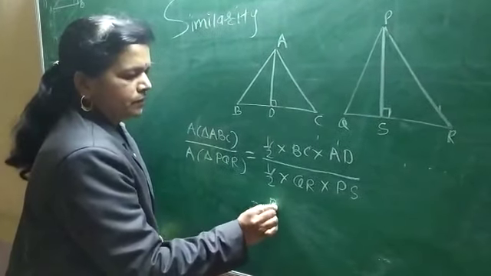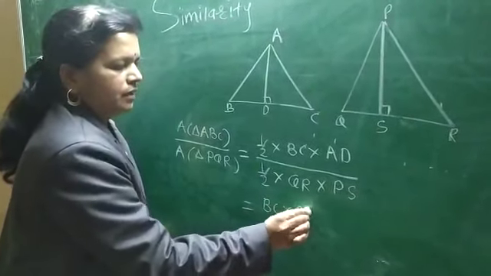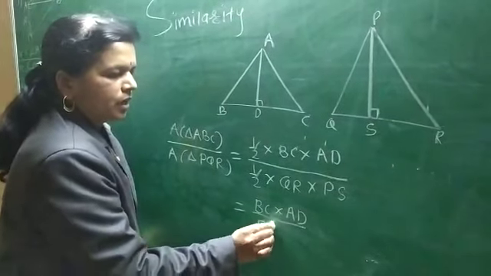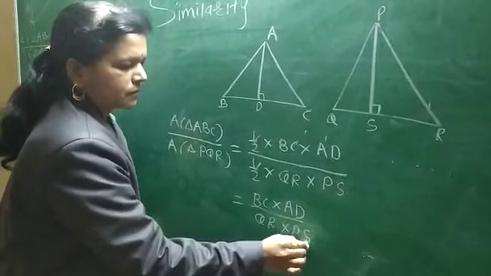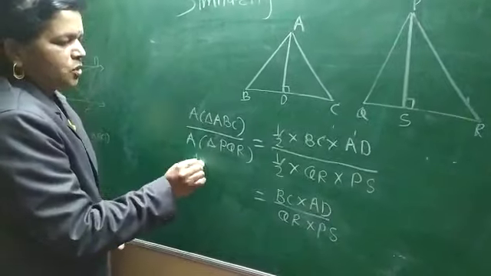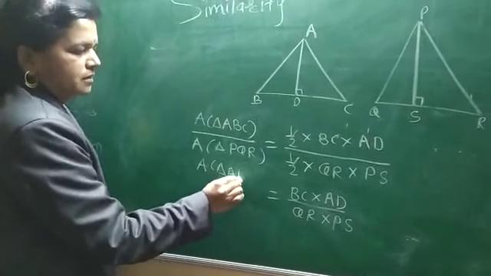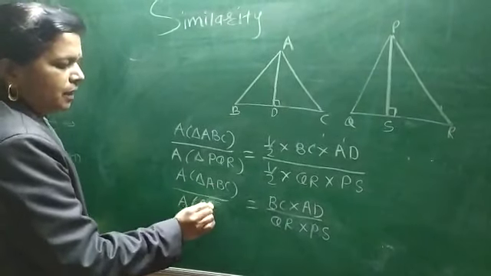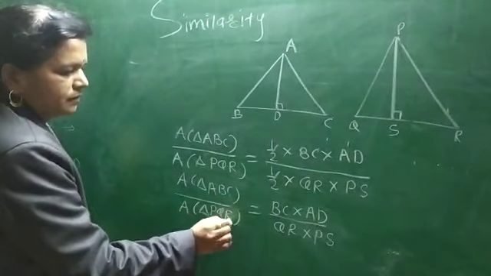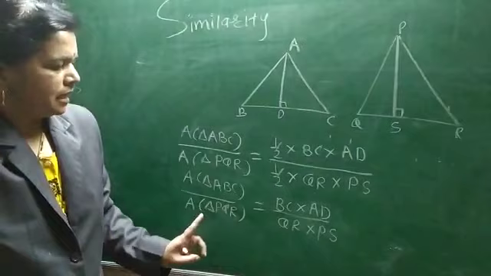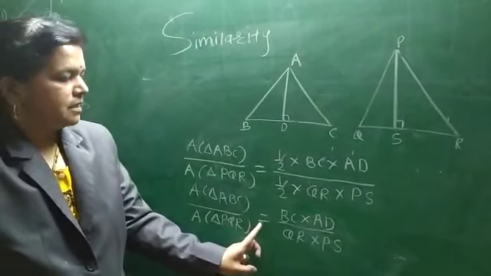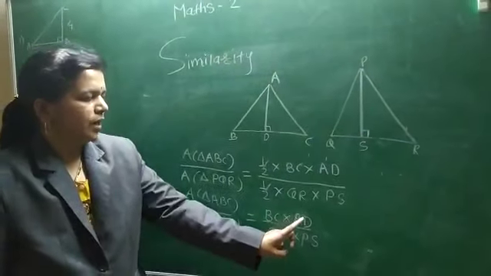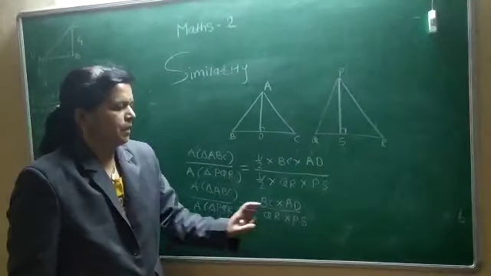What remained? BC into AD upon QR into PS. This is the ratio of areas of triangle ABC and triangle PQR: area of triangle ABC upon area of triangle PQR is equal to BC into AD upon QR into PS.